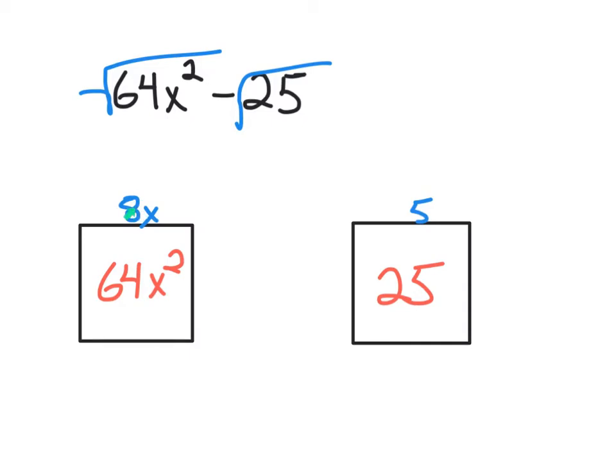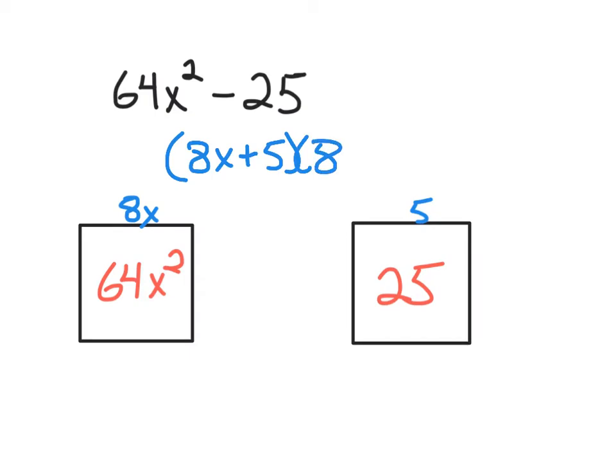So our terms 8x and 5, if we wanted to factor the original binomial that we were given, 64x squared minus 25, we could take this 8x and 5, and our answer would be 8x plus 5 times 8x minus 5.